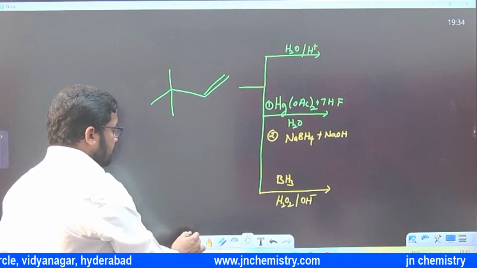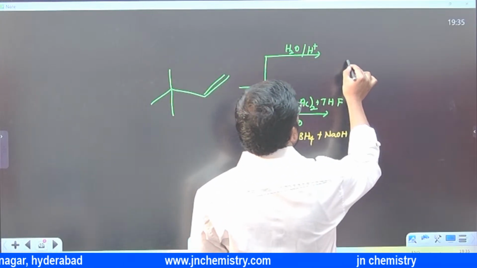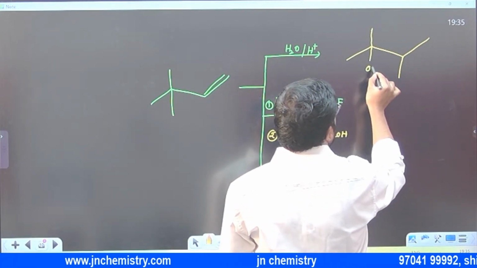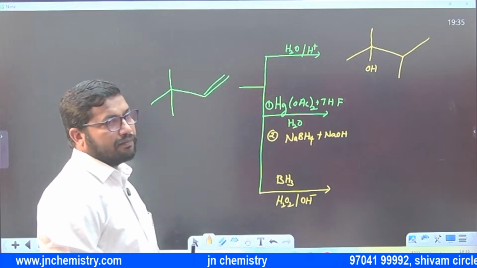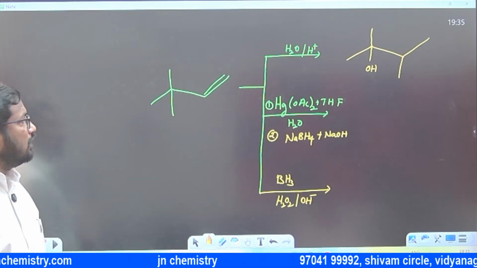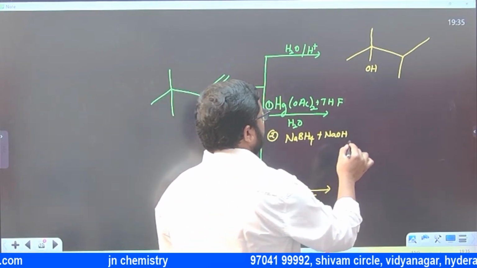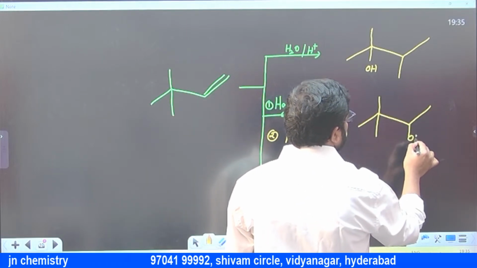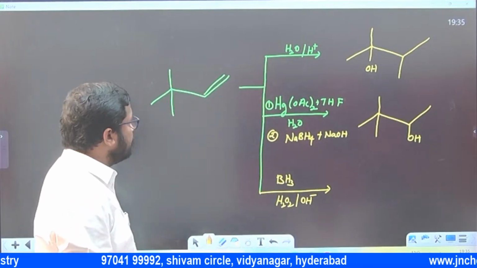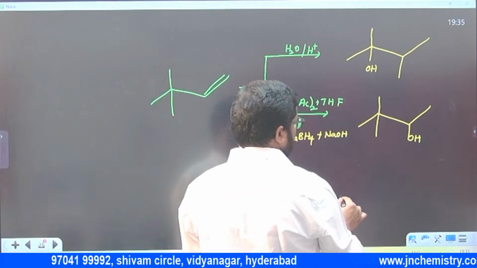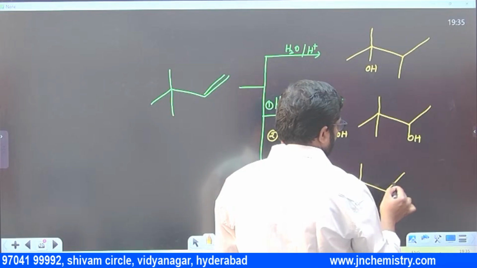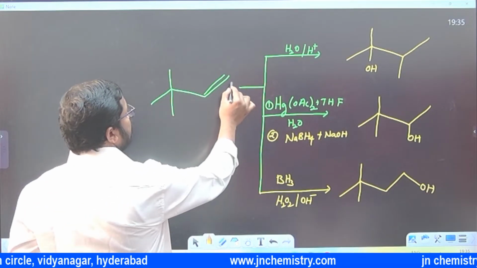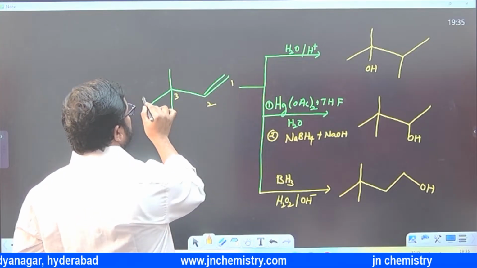In the first case, rearrangements take place and the OH will come over here. In this case, no rearrangements, the OH will attack over here. OH means first position, second position, third position, fourth position.